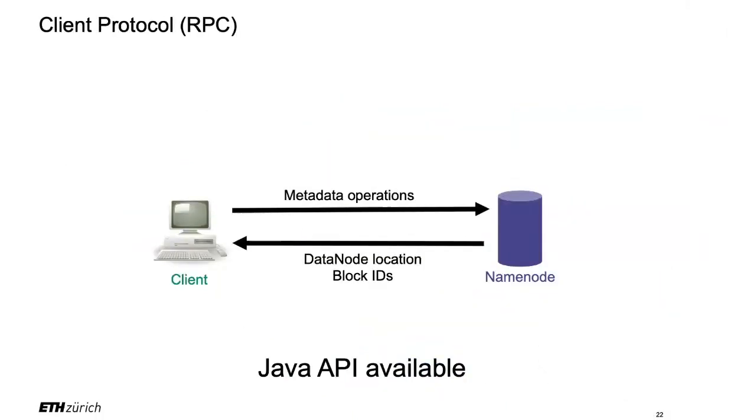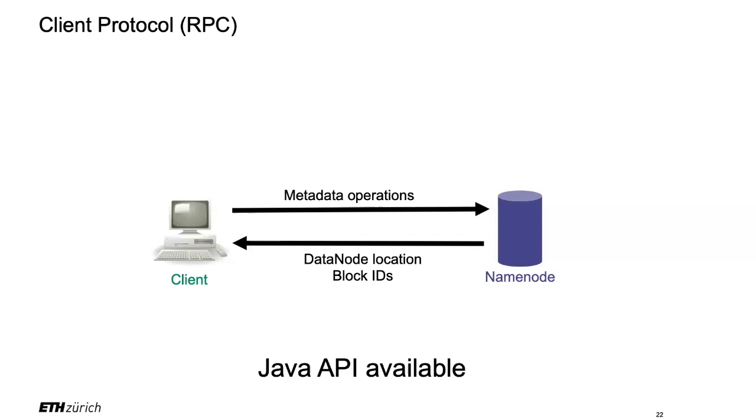The client protocol is when a client, so the client means whoever wants to use HDFS from outside, the first point of contact is the name node, always, right? It's like your customer representative when you speak with a company. So this is the name node. And the client connects there for metadata operations.